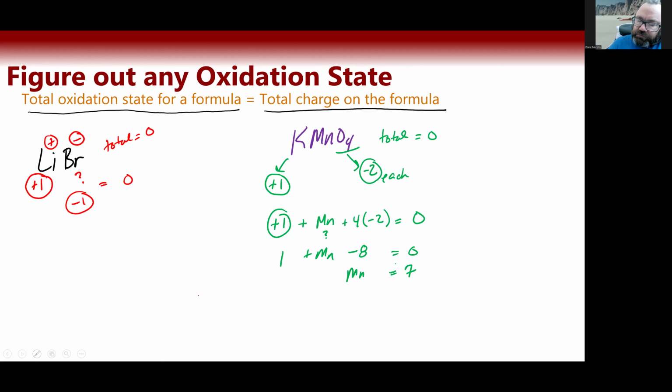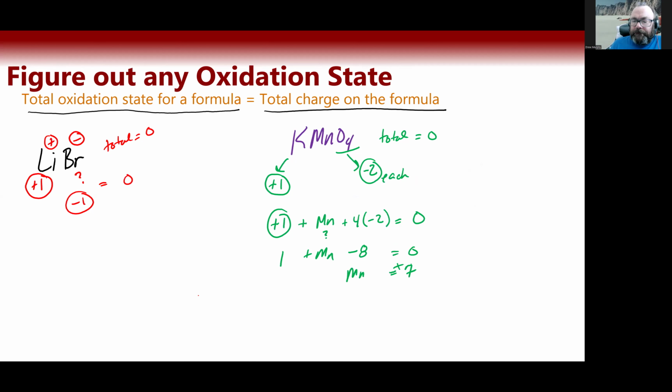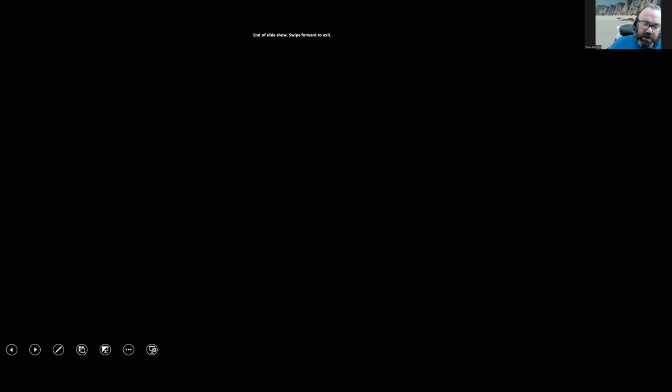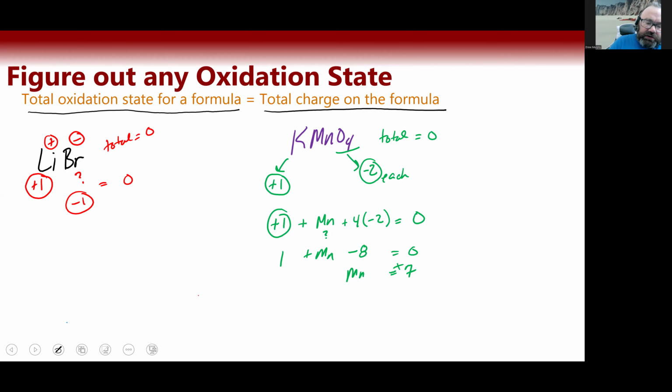So this has to be +7. If we look at our halogen ones that I was doing a minute ago, let's do ClO4 minus, perchlorate. Here our total is -1.